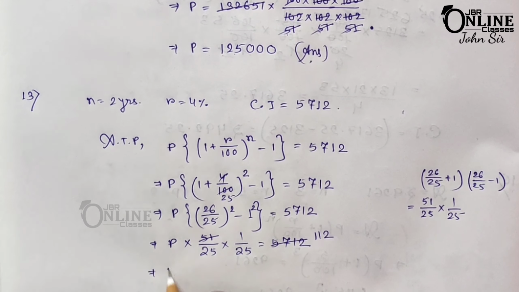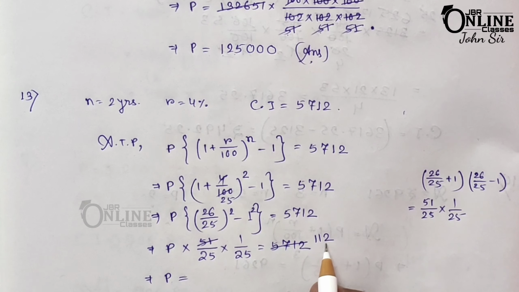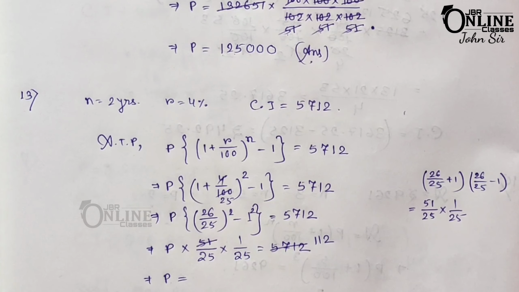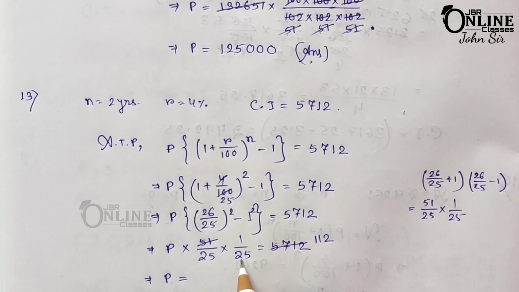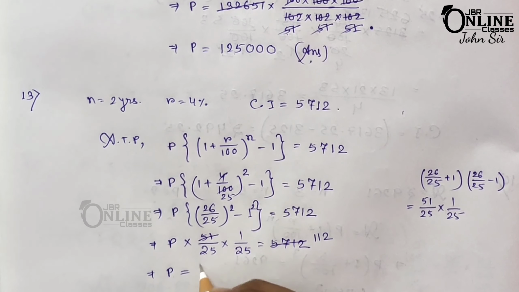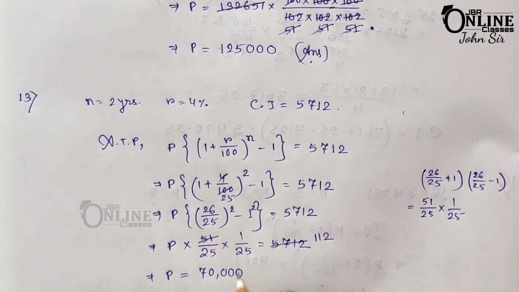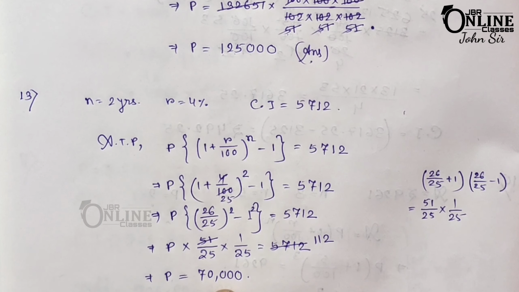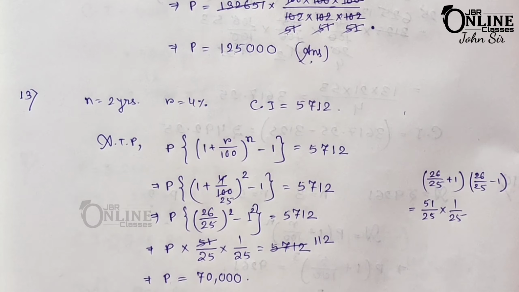Now that means p equals 112 into 25 into 25. You can directly multiply 112 with 625, because 25 into 25 becomes 625. So 625 into this you will get 70,000. So 70,000 is the principal.